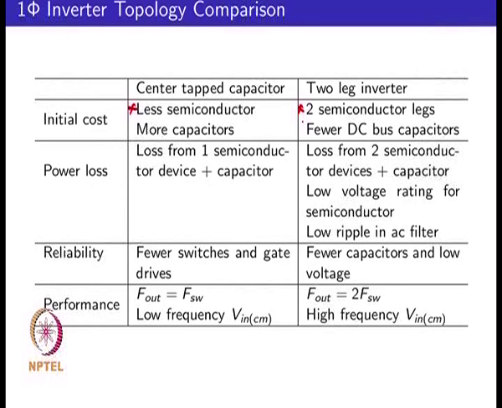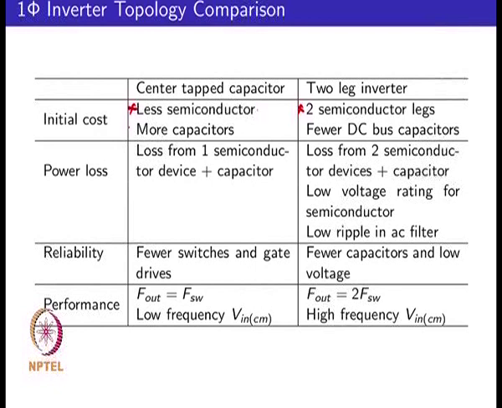So, you have an additional leg of semiconductors to consider. But the semiconductors are rated in this particular case for 1200 volts, in the other case the semiconductors might be rated for 600 volts. So, the voltage rating is not identical.